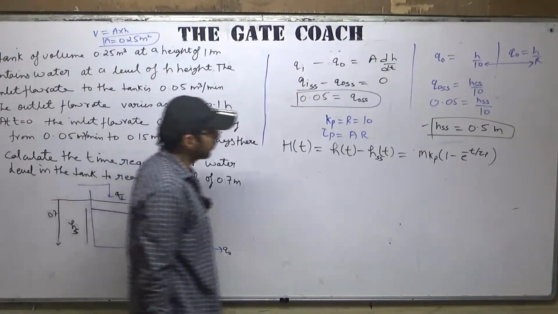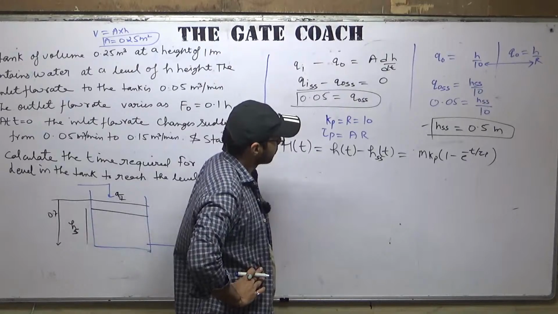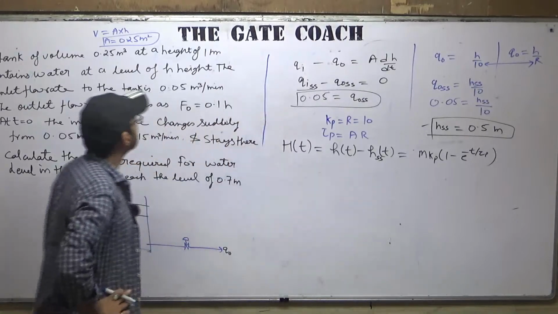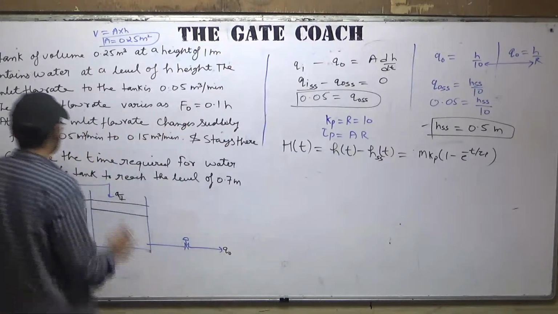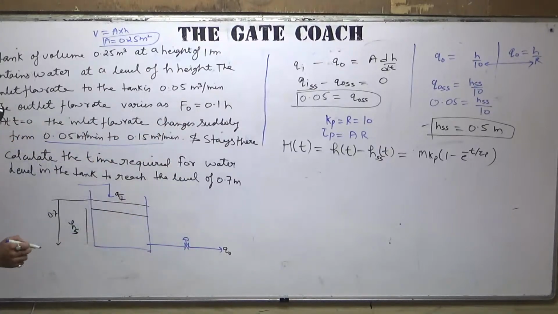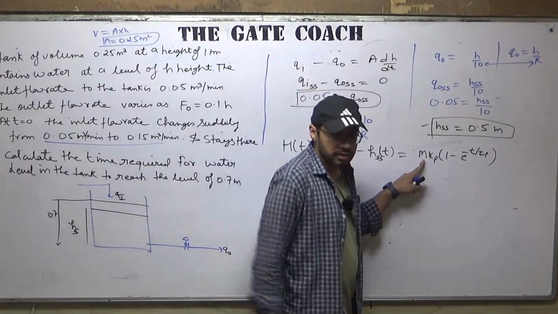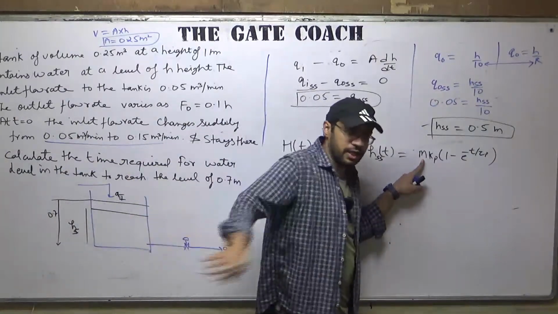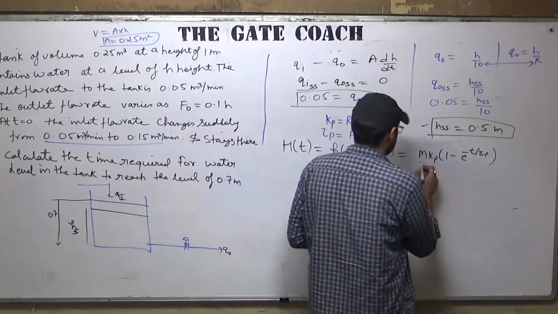Now, up to here that was it. After that, what was the change? This is the inlet change, right? And the inlet change is your M. This is a step input, because a sudden change is there and it will remain there consistently.